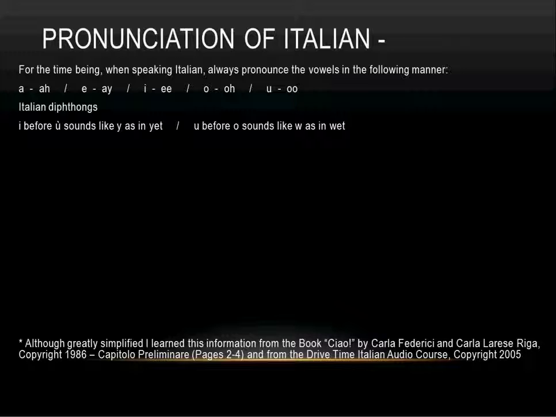Then the other one is if you have an U that comes before an O, it creates a W sound, as well as the U and O sounds that are already there. For instance, if you take the word U, O, M, O, it sounds like uomo. Più and uomo.